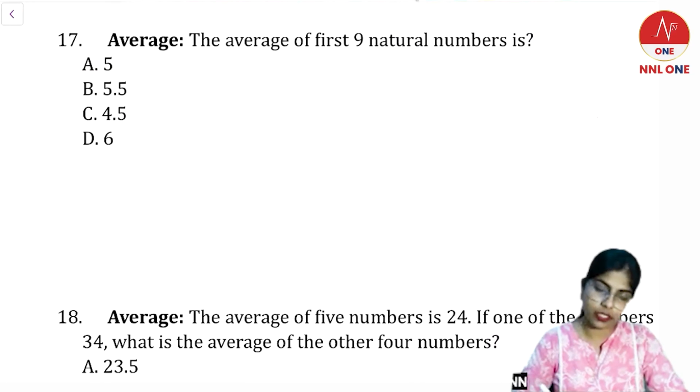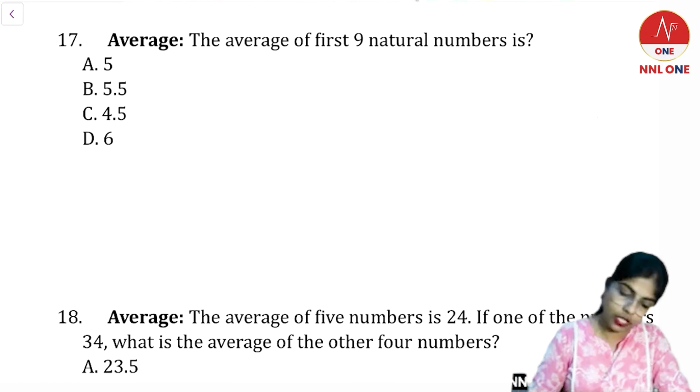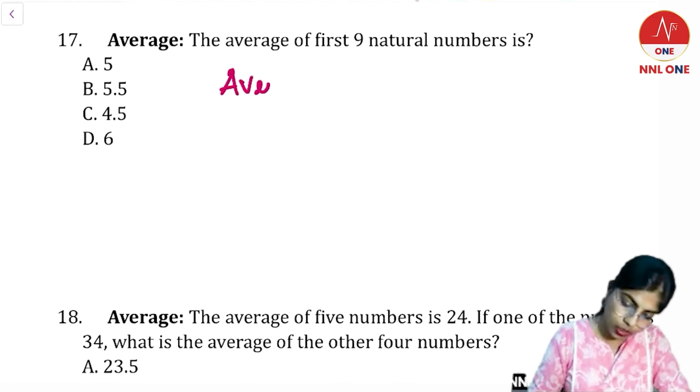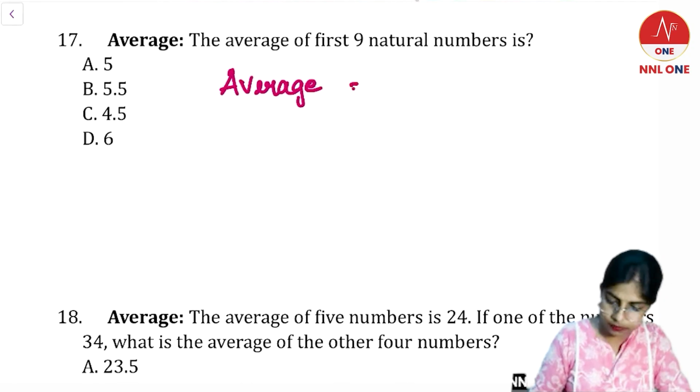The next topic is average. The average of the first 9 natural numbers is... So what is the formula for average? Average is equal to the sum of observations divided by the total number of observations.